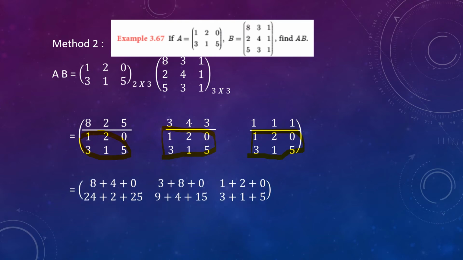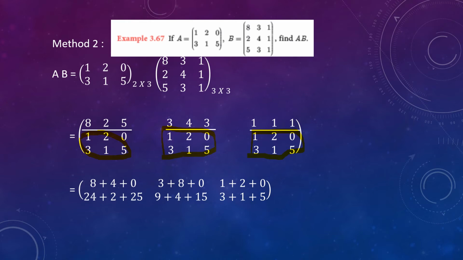After that, I have to multiply directly with these numbers. Here 8 into 1, 8, plus 2 into 2, 4, plus 5 into 0, 0. Next 3 into 1, 3, 4 2s are 8, 3 zeros are 3. Here 1 into 1, 1 into 2, 2, 1 into 0, 0.